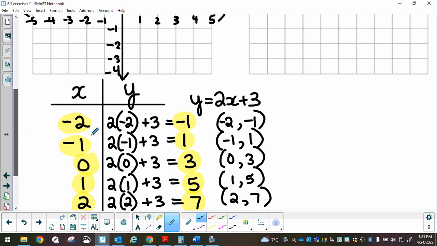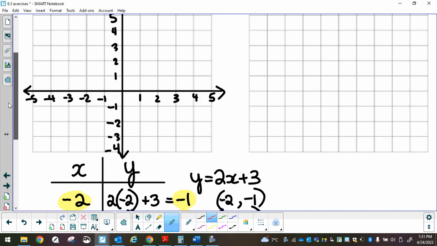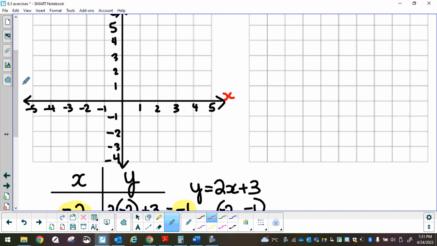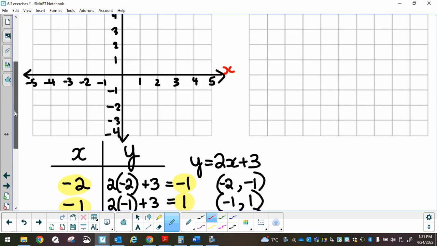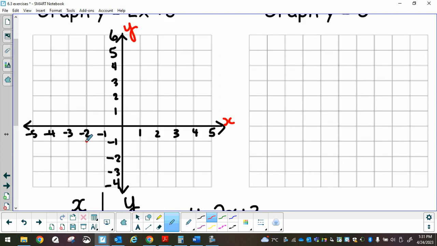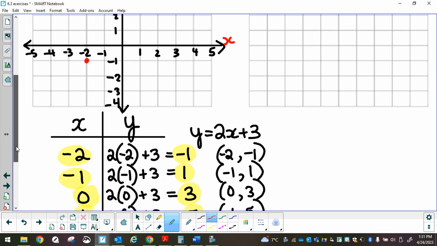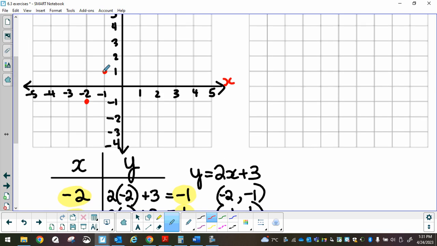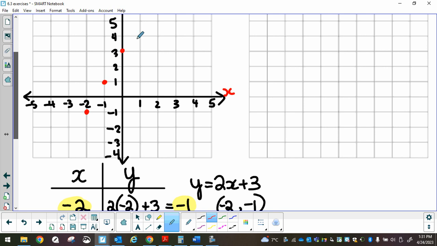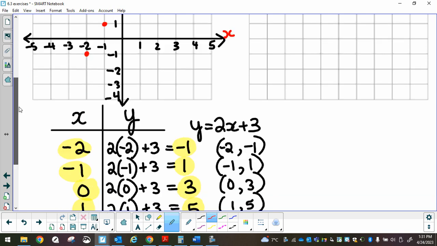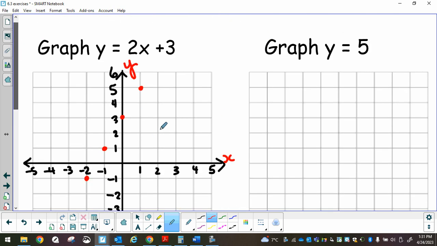Okay, and then we can plot these points. -2 on the x, y to the sky, -2 and -1. First point, -1 and 1, 0, 3, 1, 5, 2, and 7. 7 goes off my graph a little bit.